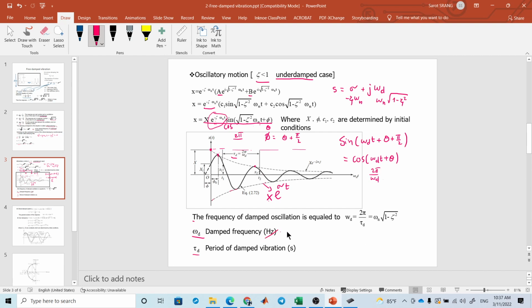This should be radian per second. Anyway, radian per second and hertz differ just by the factor of 2 pi, right? 2 pi f, and f is in hertz. Hertz is 1 over second.